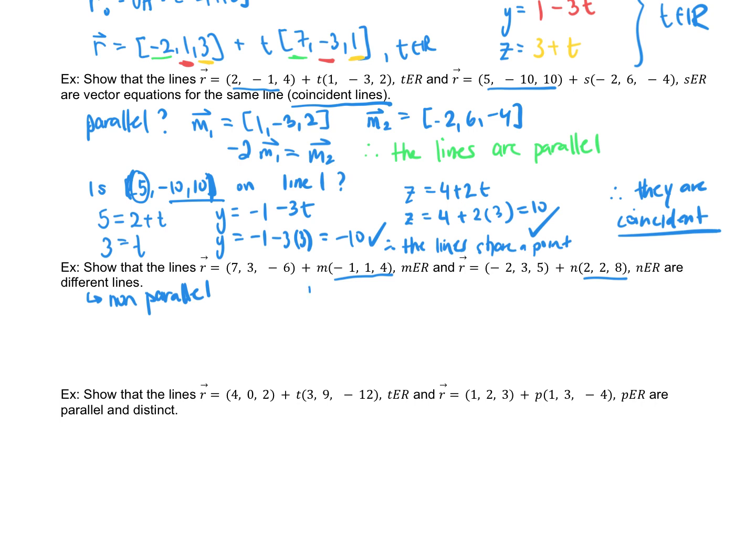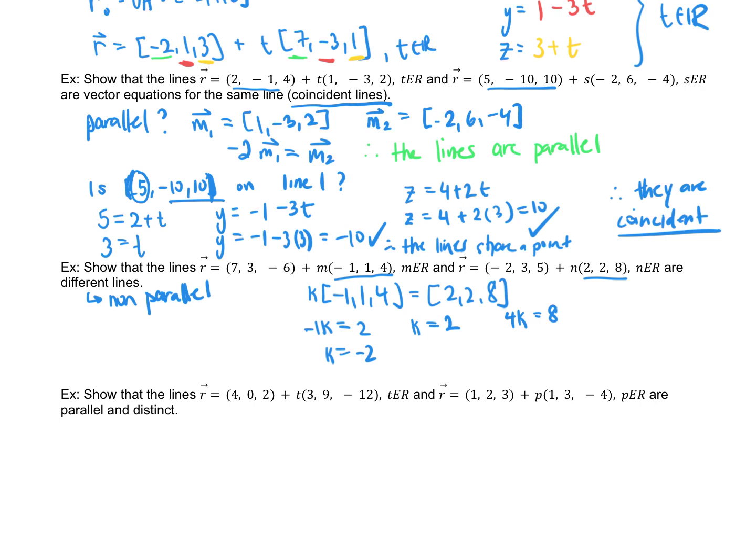So there's no way. Now, how am I going to show that? Well, I'll put a random scalar, k, times negative 1, 1, 4 equals 2, 2, 8. And now let's solve for k and see if we get the same values. And this is actually something we could have done in the above example as well. And if we did, we would have gotten k equals negative 2 each time. So for the x components, negative 1 times k equals 2. For the y components, 1 times k is positive 2. For the z components, 4 times k is 8. Now, if I solve for k in the first one, I get negative 2.